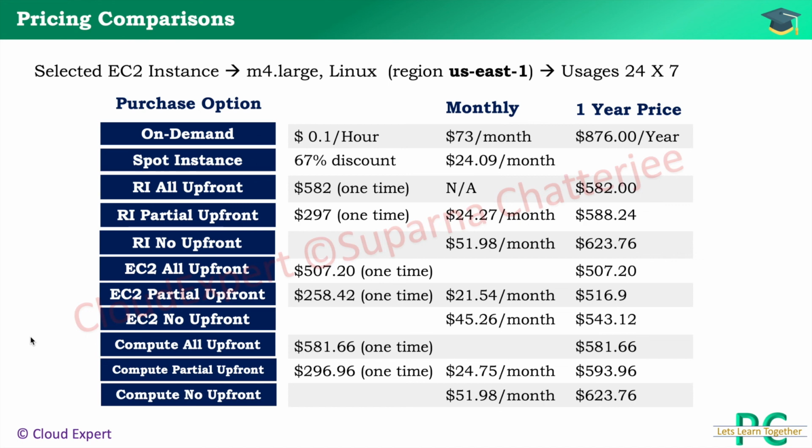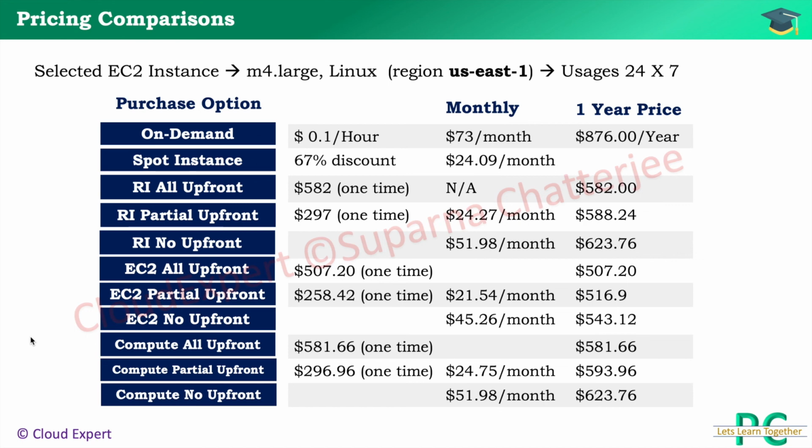And if you see over the month, I have to pay $73. If I go for a year, it will be $876. If I go for a spot instance, I'll get 67% discount. The monthly charges will come to $24.09. I haven't placed any yearly price because spot is not the ideal use case for a 1 year duration.